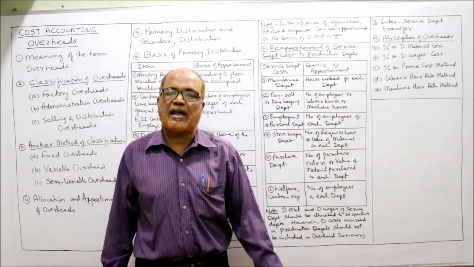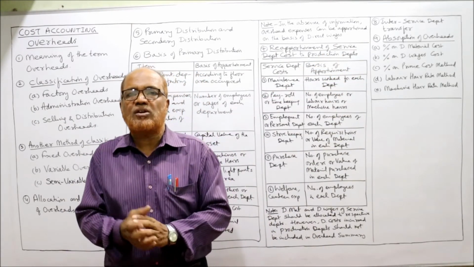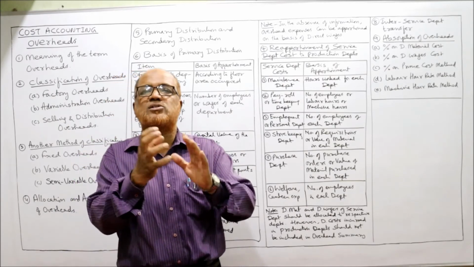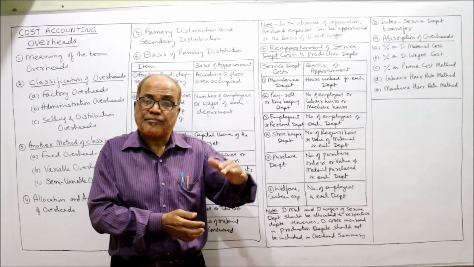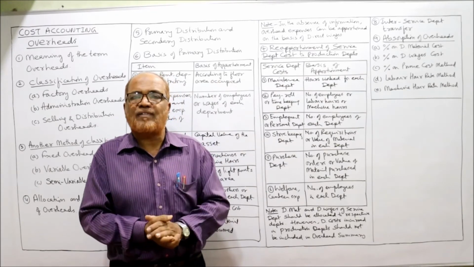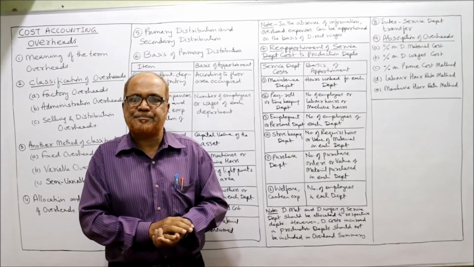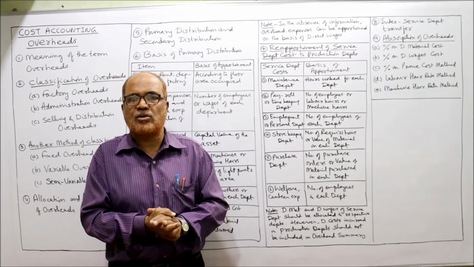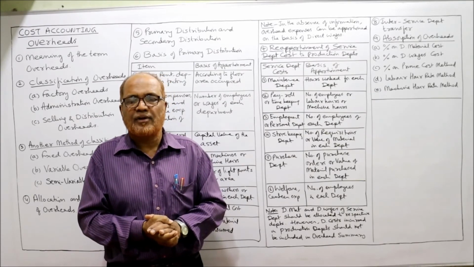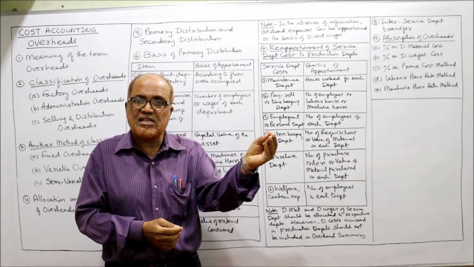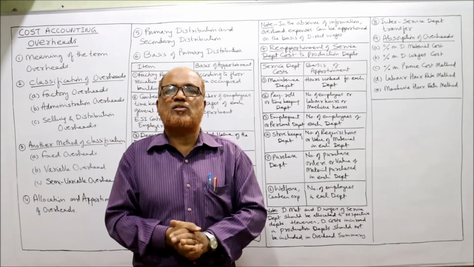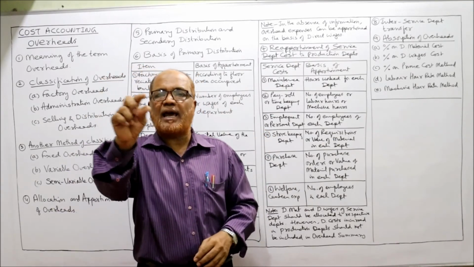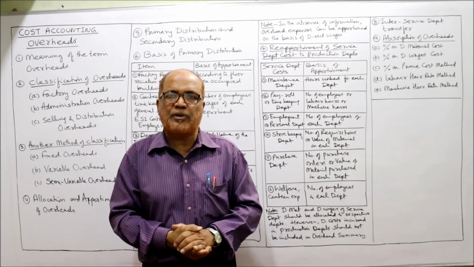Second, percentage of direct wages. Some organizations will absorb the overheads on the basis of percentage of direct wages. Exactly the same case last year. Last year factory overhead incurred was 1 lakh and the direct wages was 5 lakh. We calculate the percentage of factory overhead on direct wages. 1 lakh divided by 5 lakh into 100, 20%.